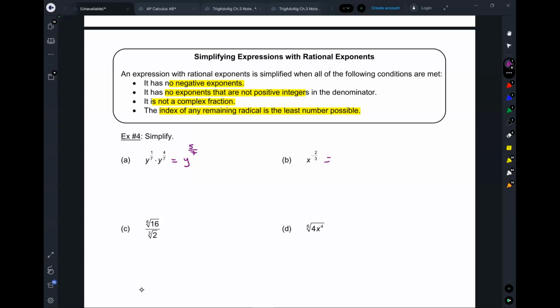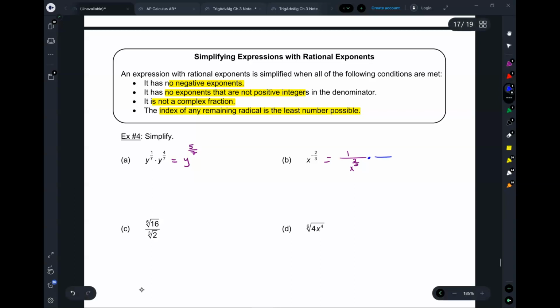Okay, next. This is going to be 1 over x to the 2 over 3. Okay? But now, this is a denominator that needs to be rationalized. You can't have any exponents that are not integers in the denominator. Is this exponent an integer? No, so you have to make it an integer. How do you make it an integer?